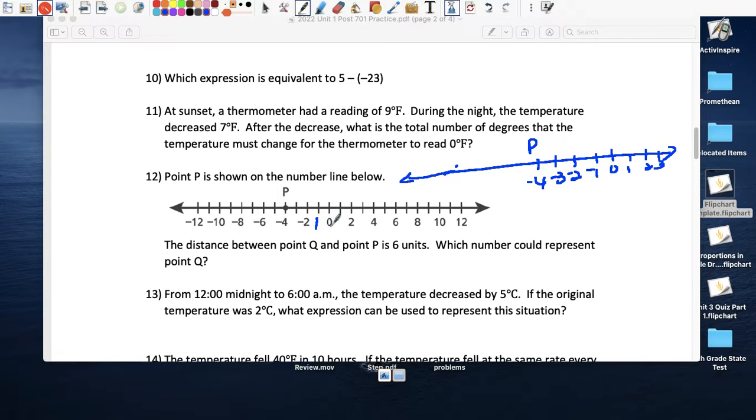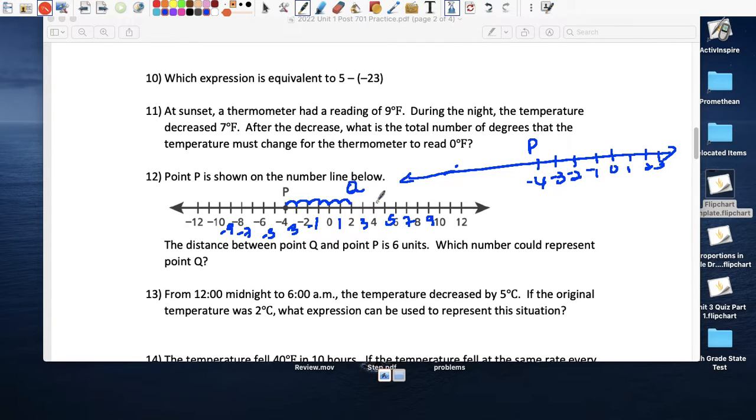That's a 1. Negative 1, 0, 1, 2, 3, 4, 5, 6, 7, 8, 9. And we can add it on the other side, right? So it's negative 2, negative 3, negative 4, negative 5, negative 6, negative 7, negative 8, negative 9. We can add these numbers. Right, so a point that's 6 units away, well, to the right of it, we go 1, 2, 3, 4, 5, 6.